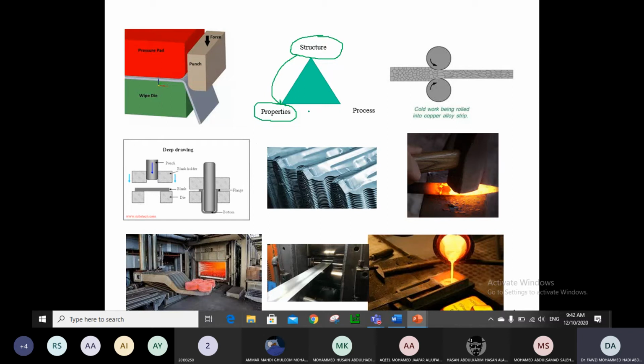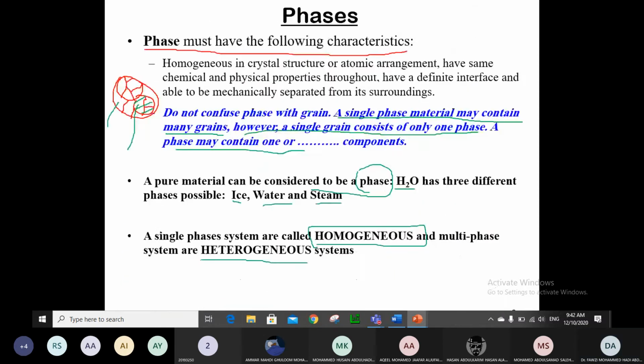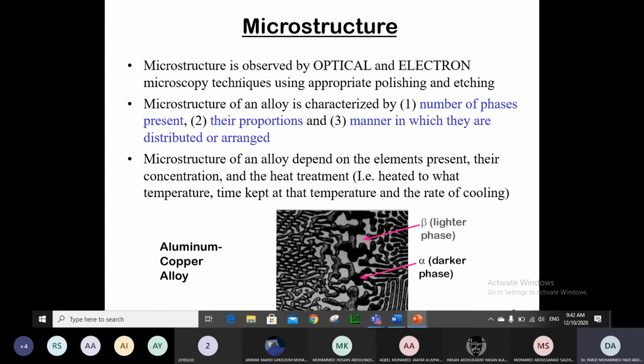Now, how is it that we can see the microstructure of the material? Of course, it could be seen by optical or electron microscope techniques that we already covered in chapter 4.